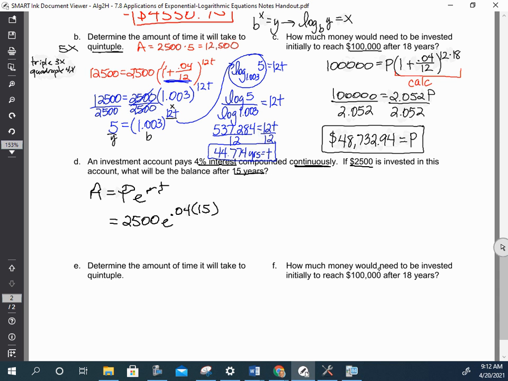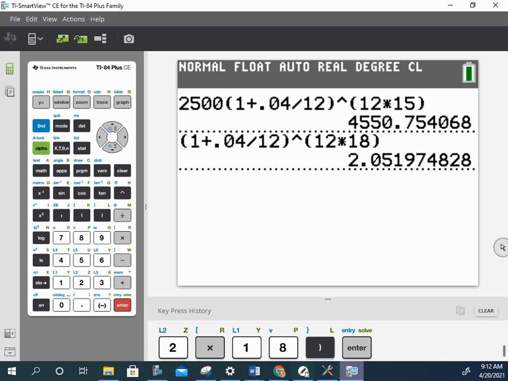So it's a lot of plugging and chugging. You with the calculator, all this is the calculator problem. Let the calculator do its work.